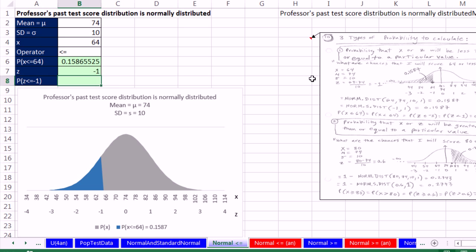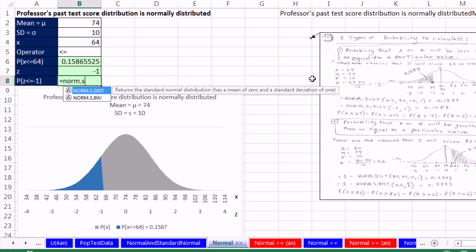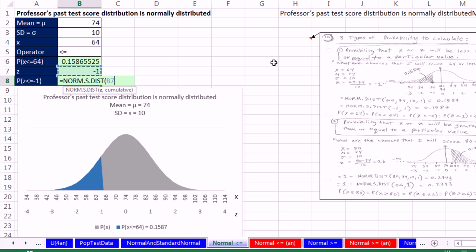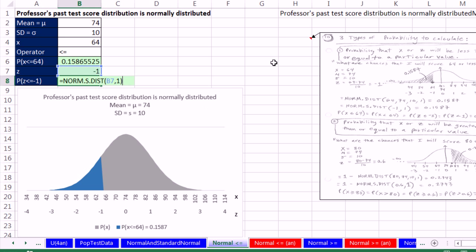So if you have your z, we can use equals NORM.S.DIST, and there's a DIST and an INV. That S means you're doing z. DIST means I want the probability. So I'm putting in my z, comma 1 for cumulative, and it's going to give me the same answer whether I use an x or a z. Again, I will show you how to plot this in the next video.